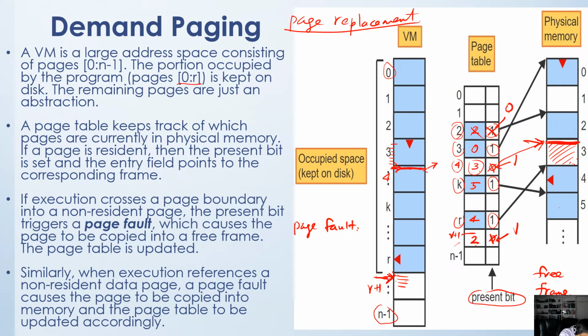So now frame number 2 is currently mapped by page r+1, not page 2 anymore. That's called a page replacement. Now there are some issues with page replacement we need to resolve, but that's the idea of the concept of page replacement.